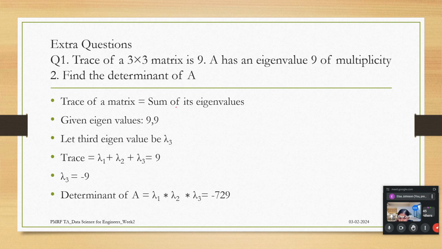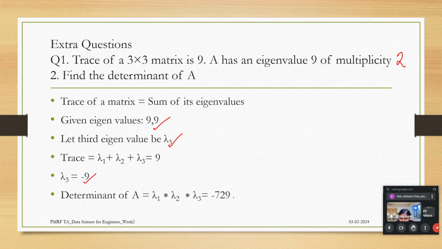First the trace was given, then the eigenvalue with multiplicity 2: A has eigenvalue 9 of multiplicity 2. So that's why I have taken 9 and 9 as the eigenvalues. The third eigenvalue came out as minus 9, and then the determinant of A will be the product of the eigenvalues.